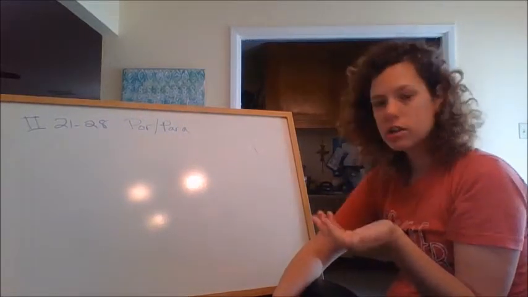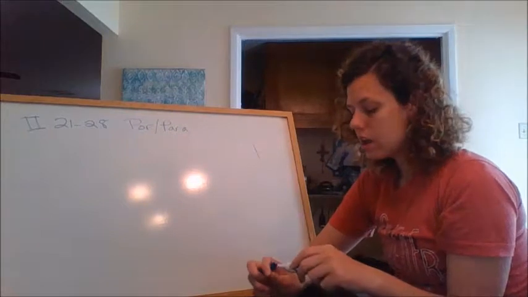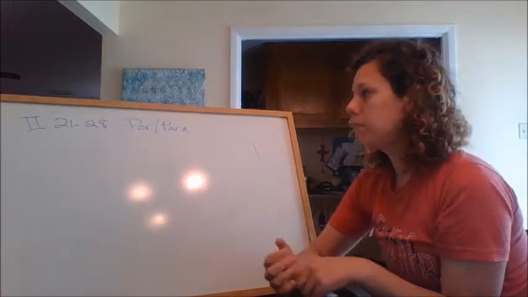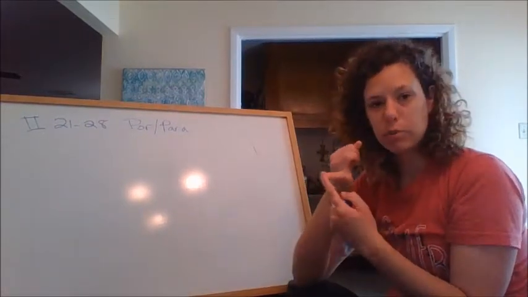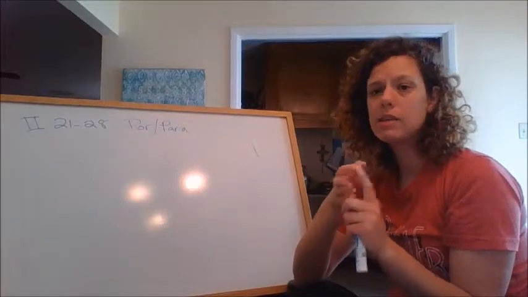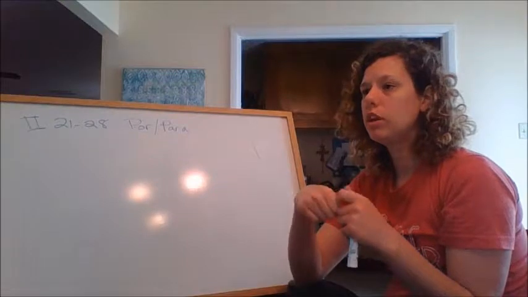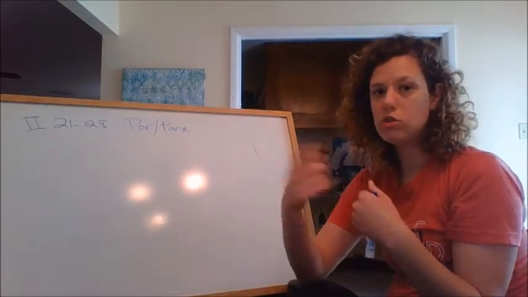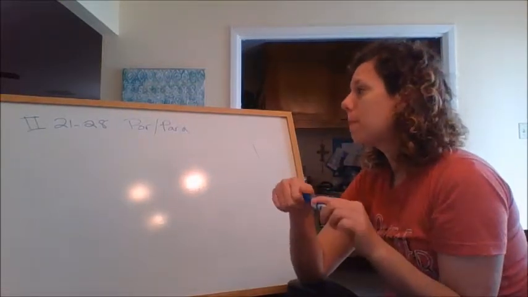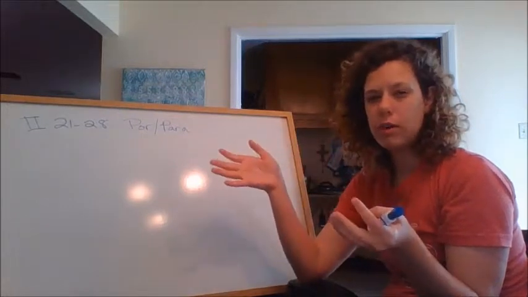So this is not an exhaustive list, but remember that para is used for if something is intended for a person, a time, a place, if you're heading to a direction, like traveling to Mexico. Por is a little bit more open-ended.